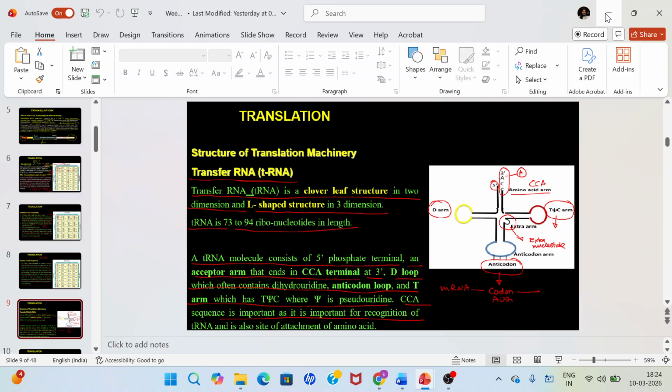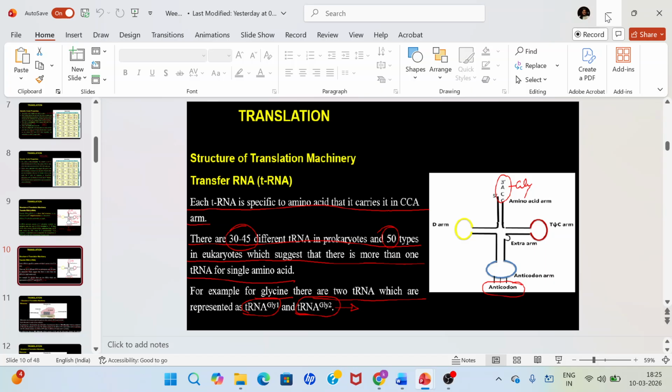The CCA sequence is important for recognition of tRNA and is also the site for attachment of the amino acid, as I have told you already. Transfer RNA continues. Each tRNA is specific to the amino acid that it carries in its CCA arm.